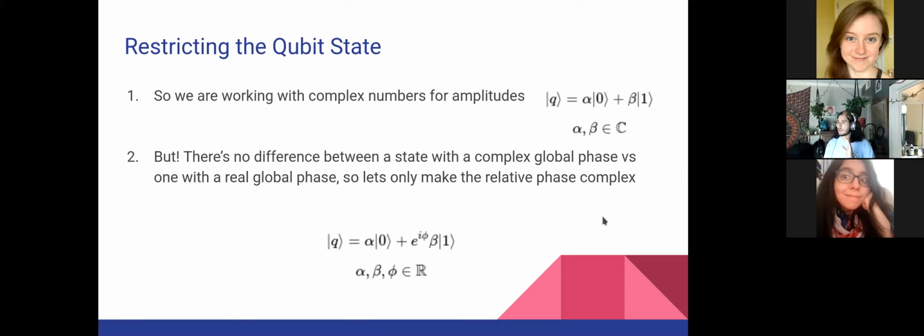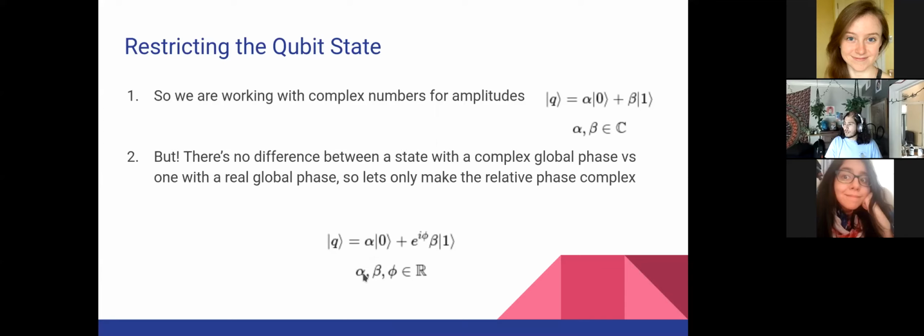And so we can reduce this in a form that allows us to have alpha and beta, our probability amplitudes, be real. And then we just add a component to represent the relative phase, right? Which is had by this e to the iφ. Whenever you see this e to the iφ, that's just representative of the relative phase between alpha and beta.